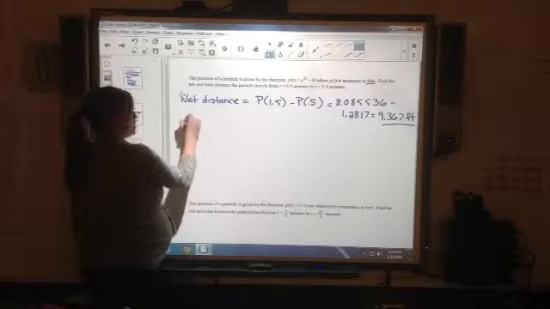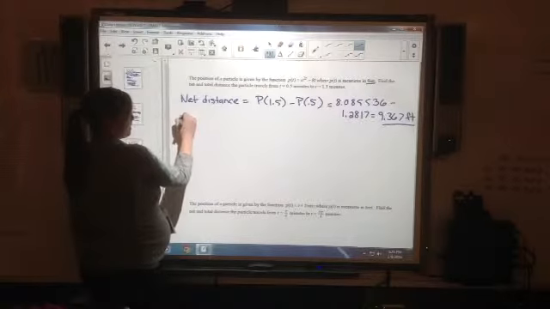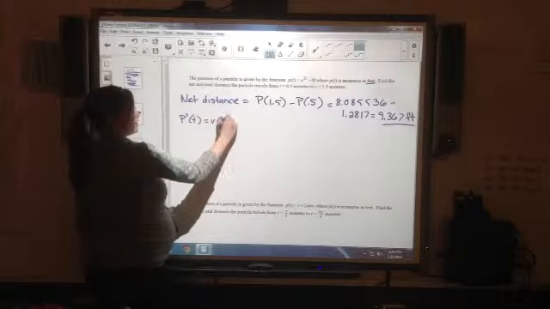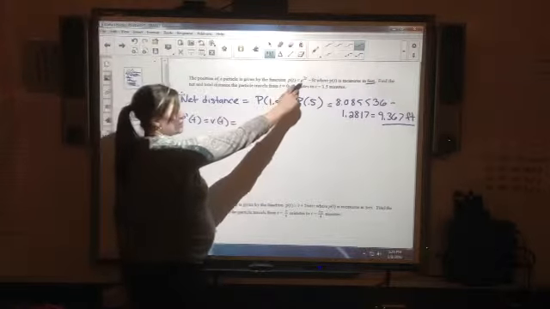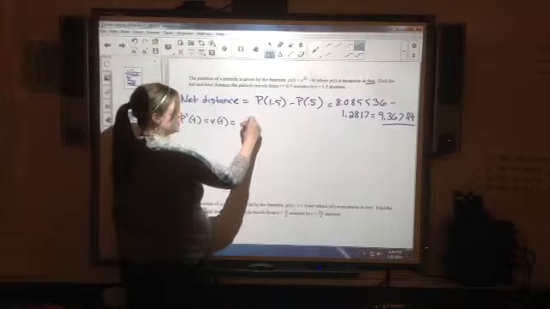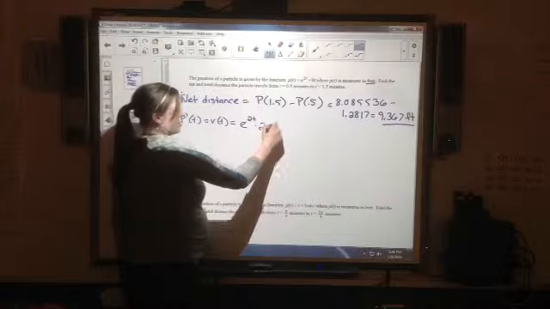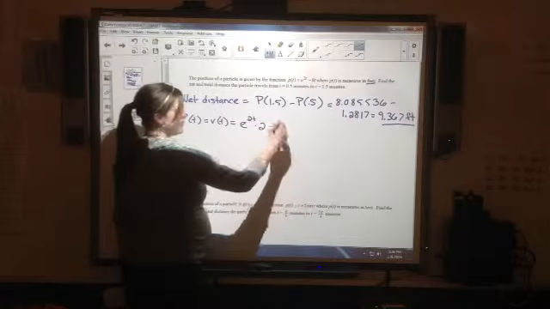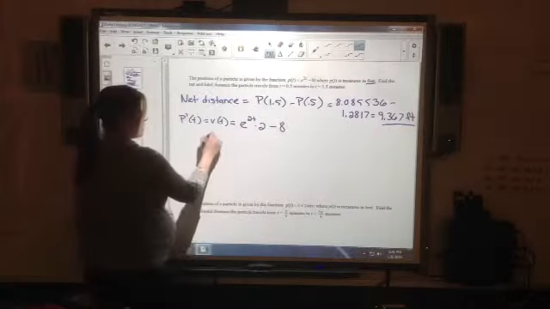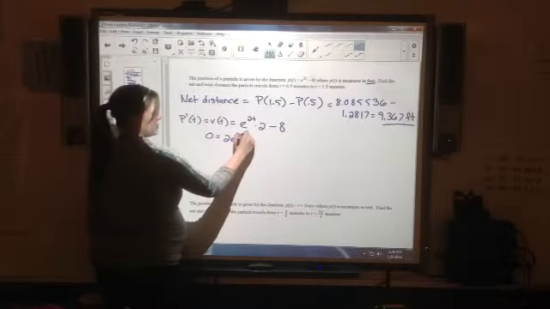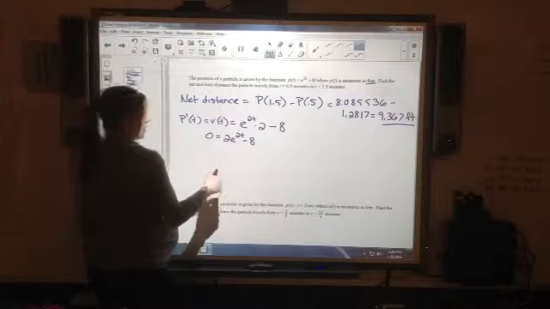So p prime of t is the same thing as velocity, so I'm going to take the derivative. e to the 2t is e to the 2t times the derivative of the exponent, which is 2, minus 8t, the derivative of 8t is just 8. And I need to see, when is this equal to 0? 2e to the 2t minus 8.